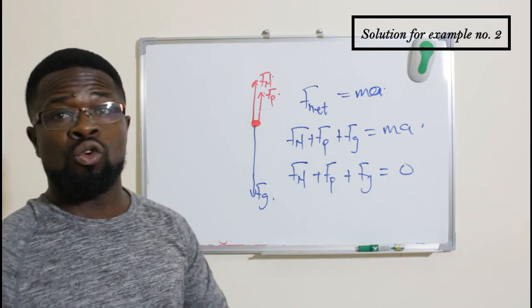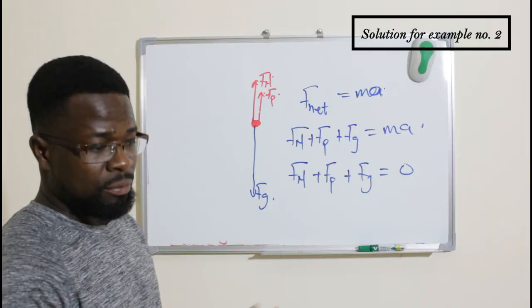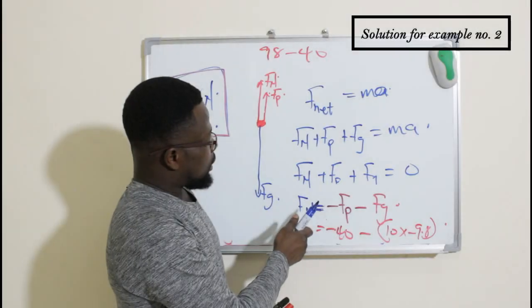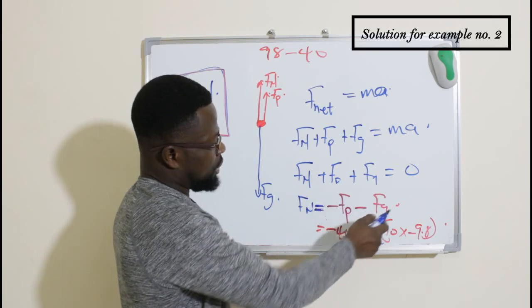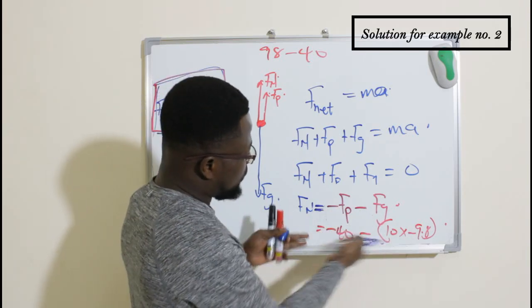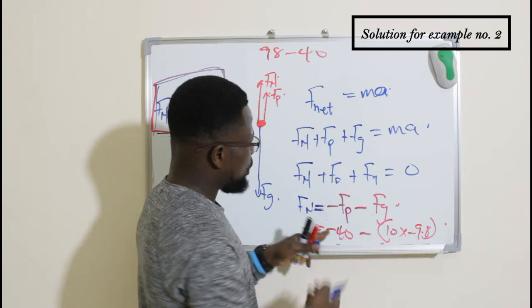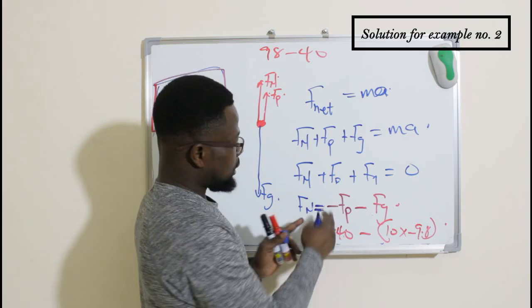So if that is true, then I need to do the calculation, which is straightforward from that point. Having Fn is equal to negative Fp minus Fg. Then we do the substitution. We have negative 40 because the Fp was 40 and there's a negative sign here.